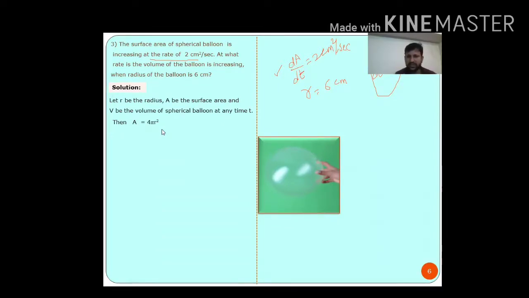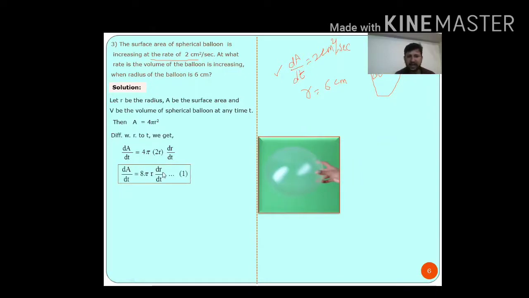Now, differentiating this equation with respect to time t, we get the derivative dA by dt: the multiplicative 4 pi as it is, and the derivative of r square is 2 times r into dr by dt. Product 4 pi into 2r gives 8 pi r dr by dt.